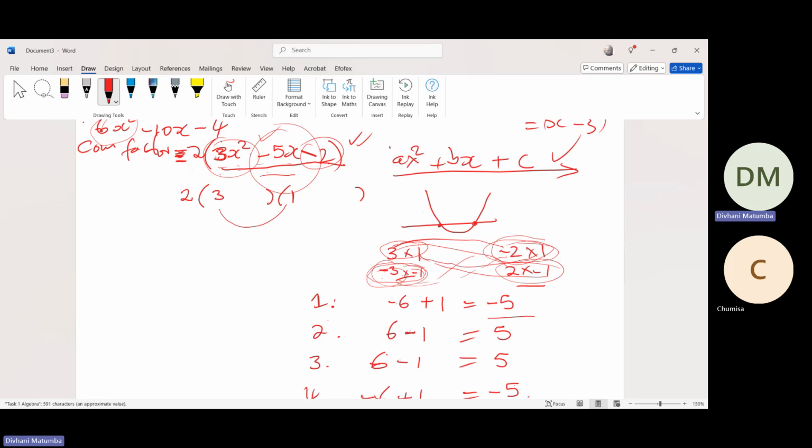The second combination will be -2 times 1. I just took the combinations as they are, but the first number you put here, and the second one you put there from this expression.